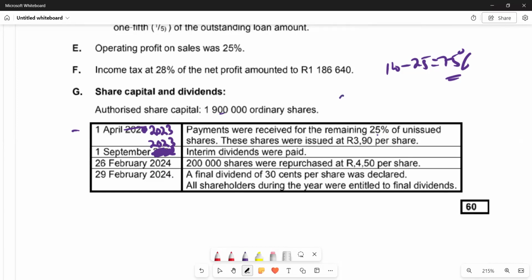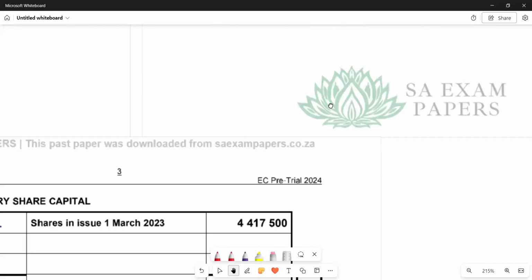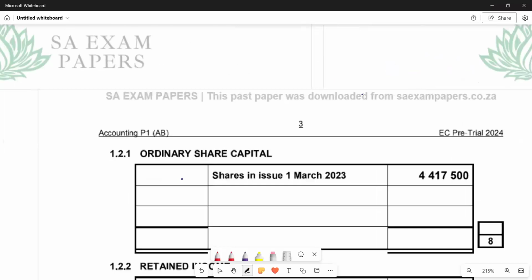Basically, we are saying 0.75, which is 75% as a decimal, multiplied by 1,900,000. When you calculate it correctly, we get 1,425,000. So this is the figure that we're going to put as our opening balance for the number of shares at the beginning.